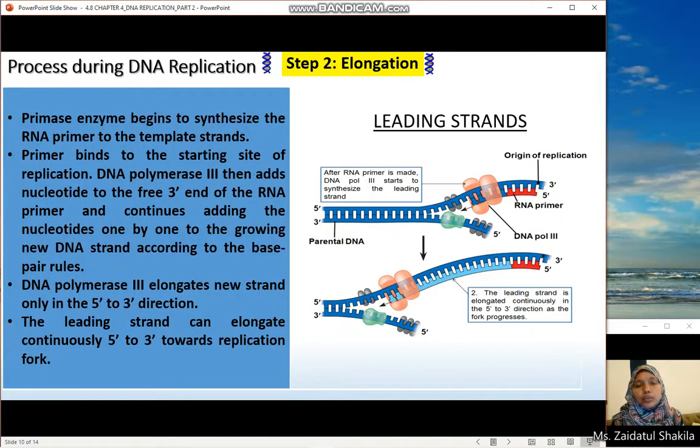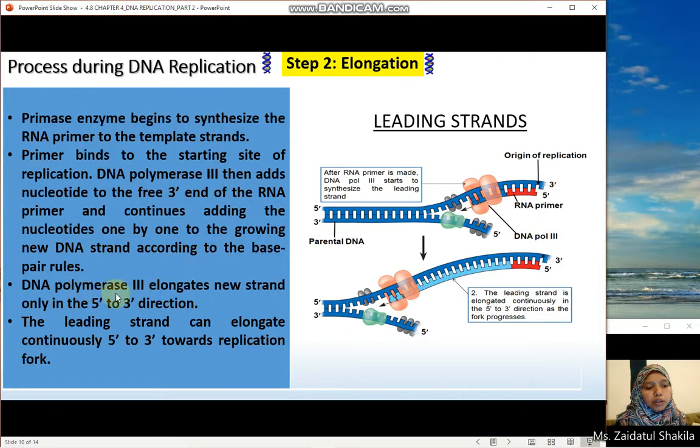The next step is elongation. This is how DNA polymerase 3 adds new nucleotides to the parental strand. Now the primase enzyme begins to synthesize the RNA primer on the template parental strand, and the primer binds to the starting site of replication. DNA polymerase 3 then adds nucleotides to the free 3 prime end of the RNA primer and continues adding nucleotides one by one to the growing new DNA strand according to the base pair rules.